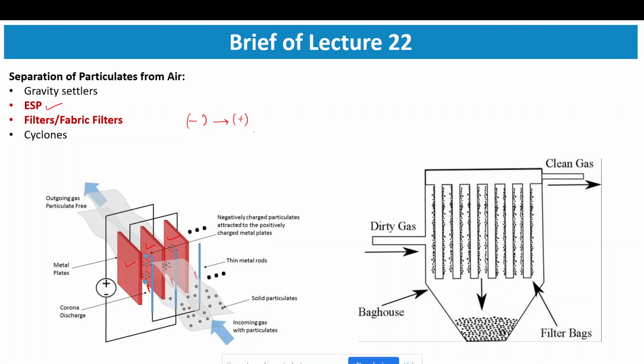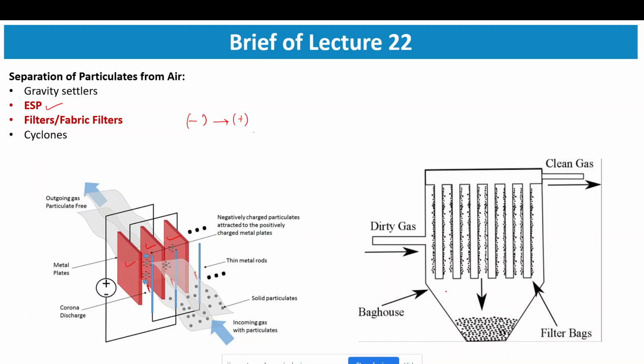Now, another type of separator is fabric filtration. Fabric is a kind of filter that will pass the air because the fabric is porous. It will not allow particles because of their higher size.